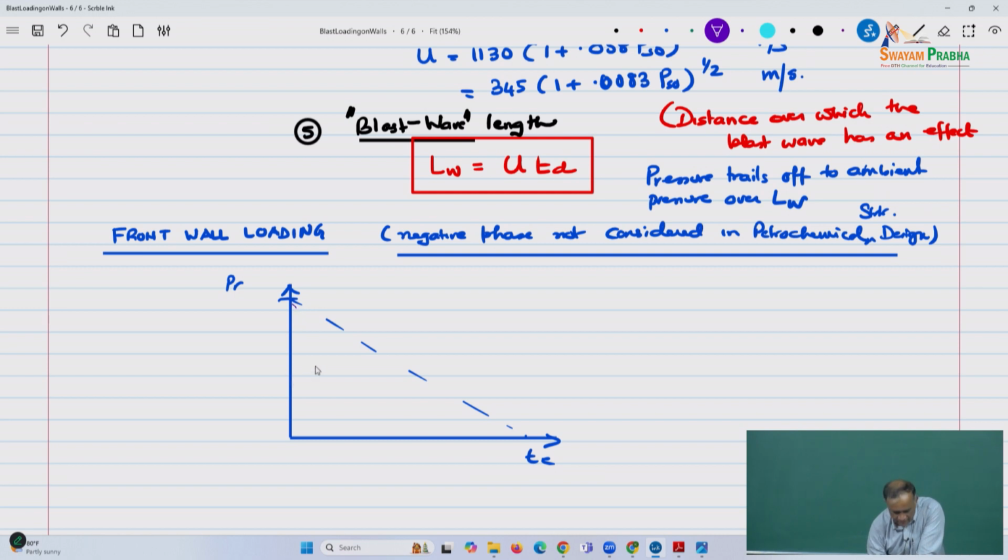So this is the T effective, that is just a line I am drawing, but you have here the Q naught, then the Q naught comes, and this value here is PS, the stagnation pressure. This is the clearance time.